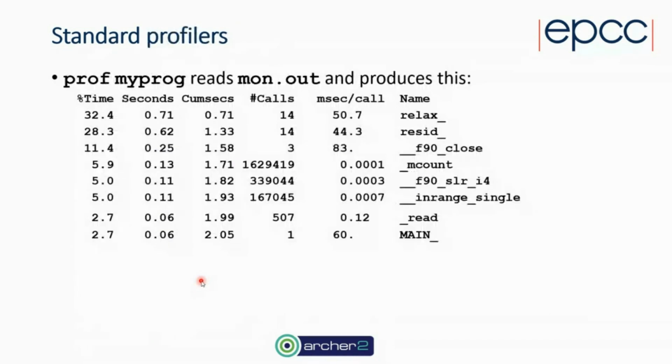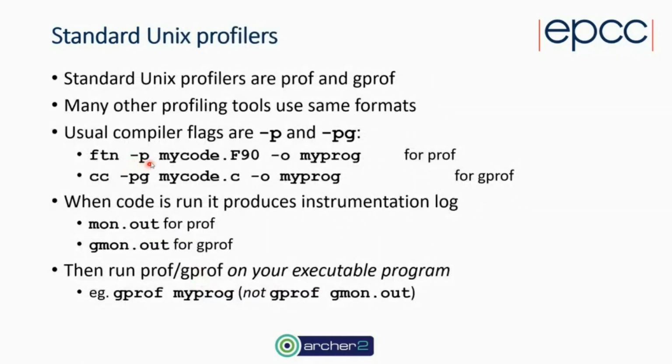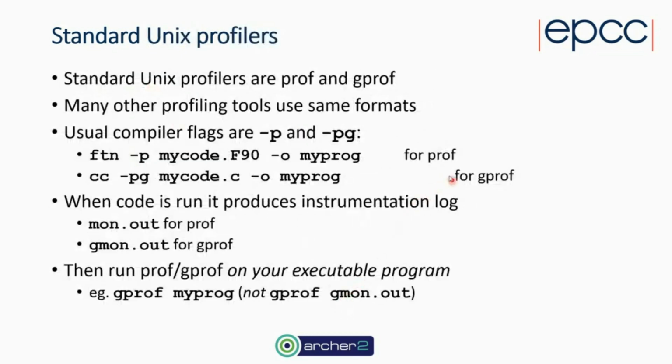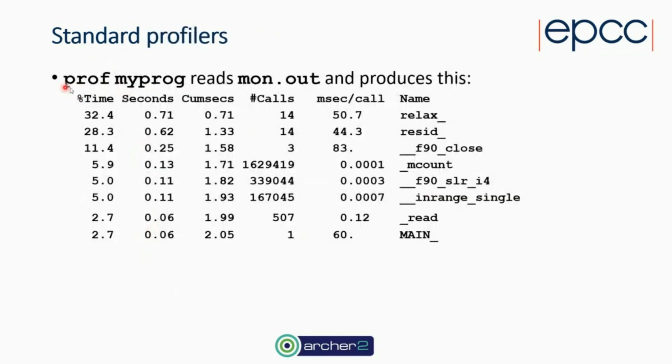This is an example. I've compiled a code, added this one extra flag -p, and then run my code, which produces an output called mon.out. Then I run prof with the name of my application, and it produces this table, where it says 30% of the runtime was in this function called relax.